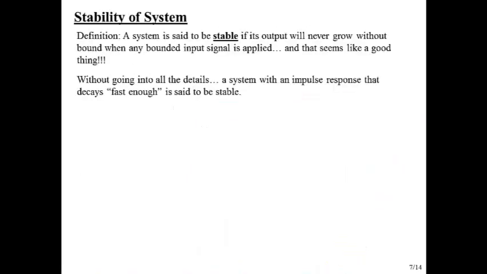And so that leads us to this idea of stability. Again, we're not going to prove it, we're just stating it. A system is said to be stable if its output will never grow without bound for any bounded input signal. Without going into all the details, we can show that a requirement for that is that the impulse response actually decays fast enough.